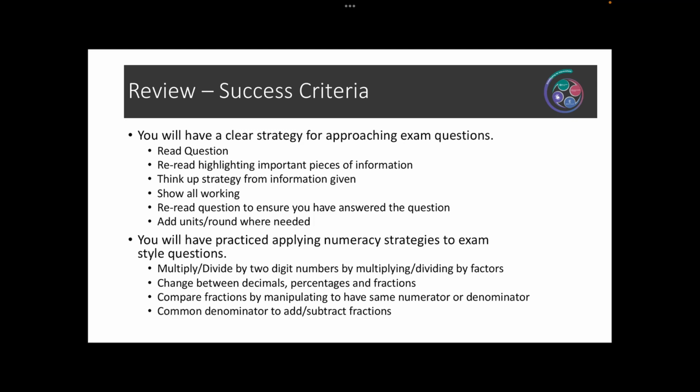We looked at comparing fractions by manipulating them so that they have the same numerator or denominator to allow for that comparison. And we also looked at being able to add and subtract fractions, which we need a common denominator for. So these are some of our common numeracy strategies that come up time and time again in the exams and are important for you to be able to use.